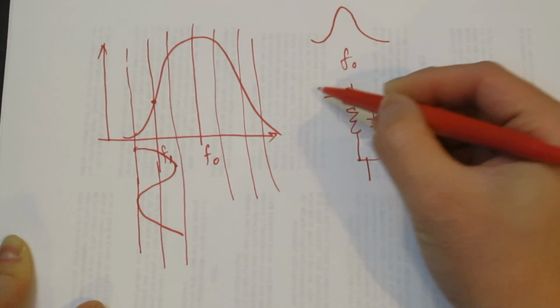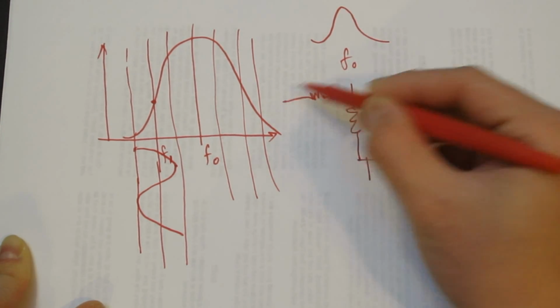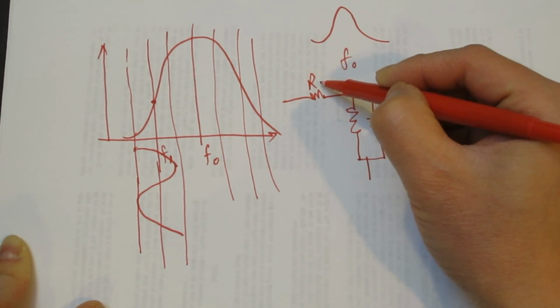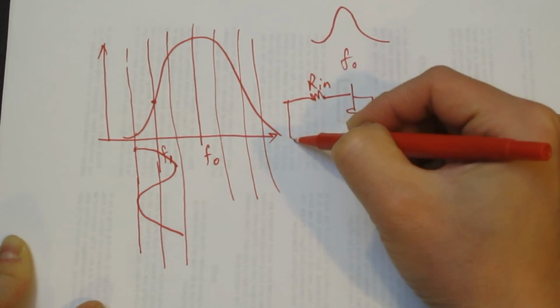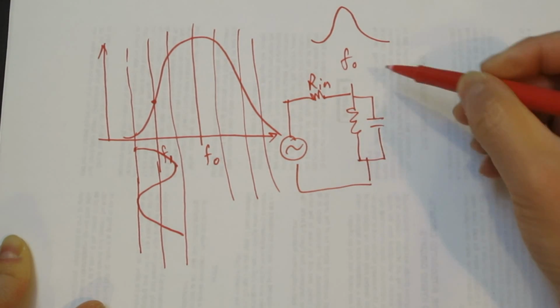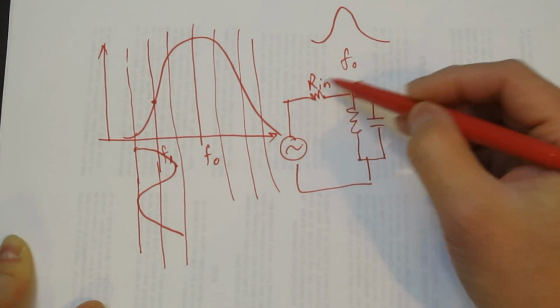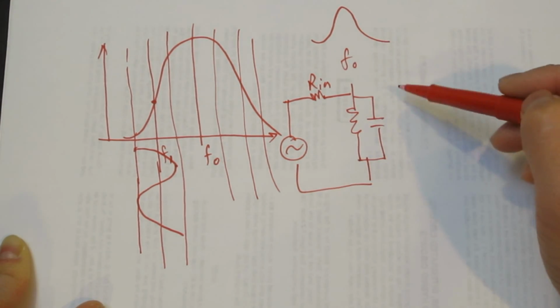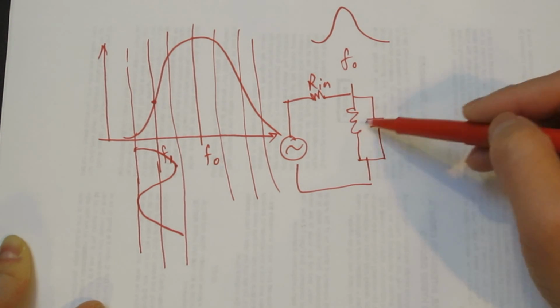And then we usually have a resistance somewhere here, R in. So if you have a signal here, and the signal changes in frequency, the output is going to be changing in amplitude because of the LC resonance.